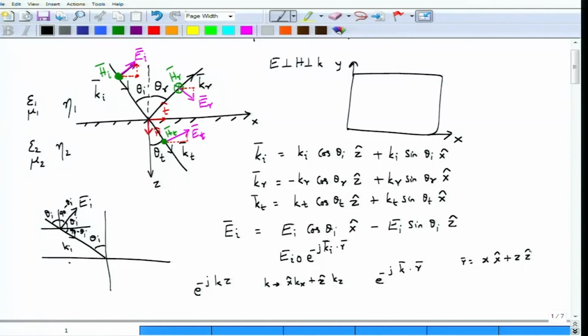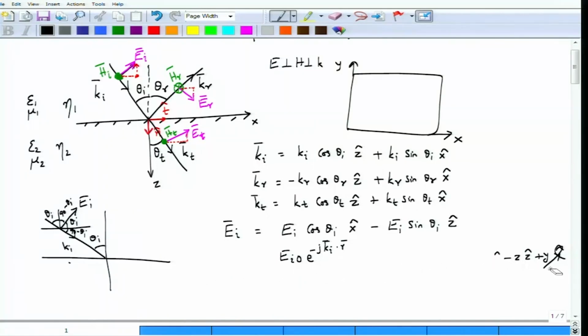There is no y component, therefore I have not put that one down here, but in theory this actually has y hat, but because k is described only having x and z components, that component along y does not really matter, okay. So with this, the component along x will be Ei0 e power minus j ki dot r.